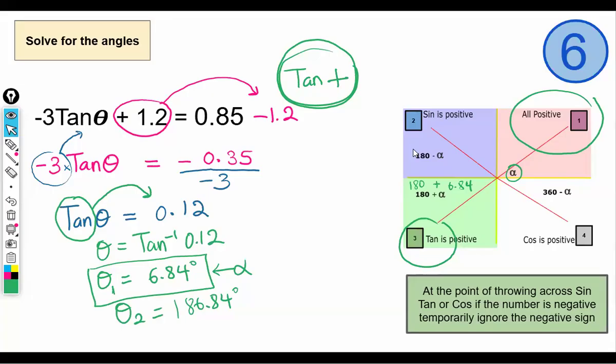Now, you'll get slightly different answers if you round off differently. Remember, when I divided these two things, I got 0.116666 on my calculator. I decided to round it off to 0.12. If you use 0.11 or 0.117, obviously your answer will be slightly different to mine.